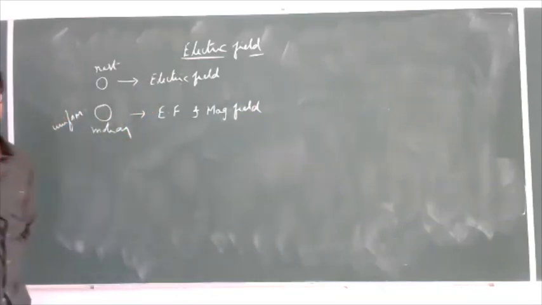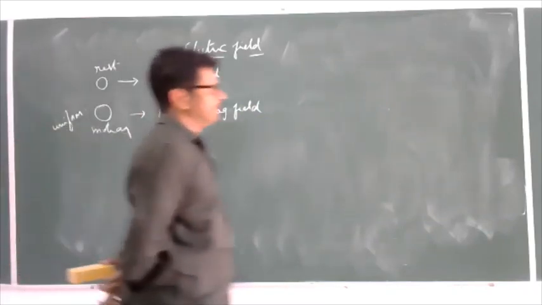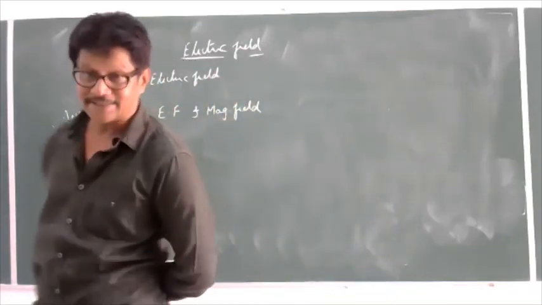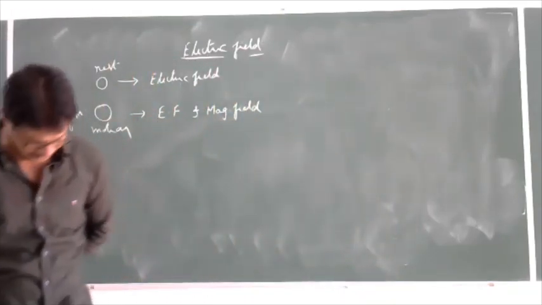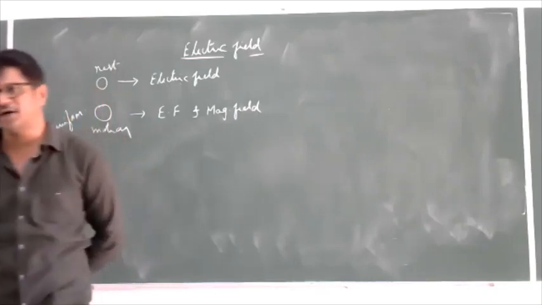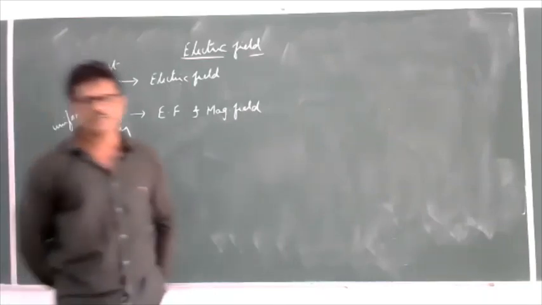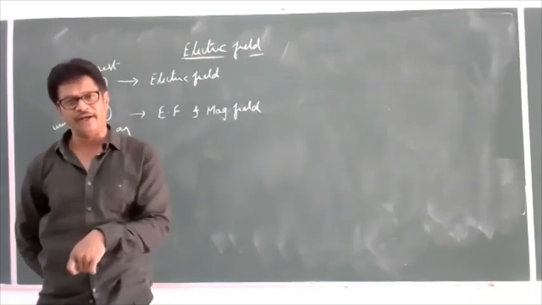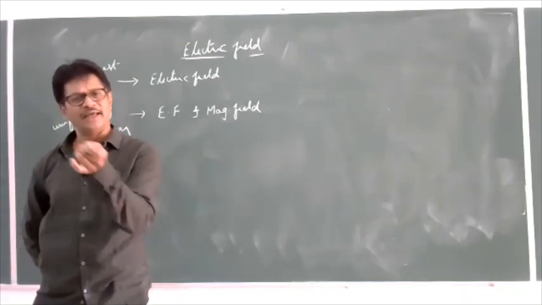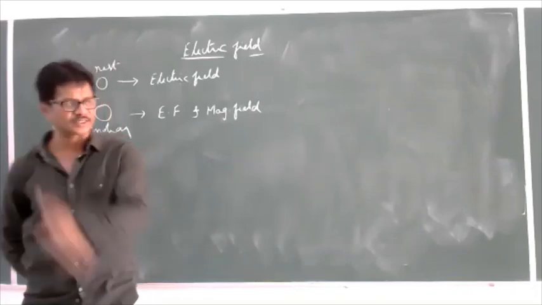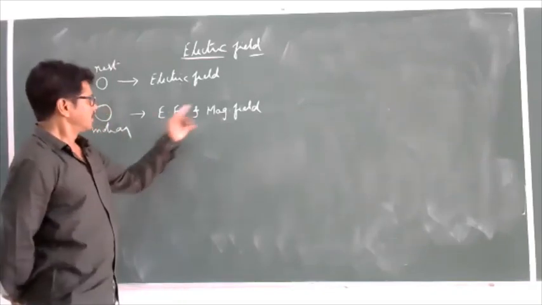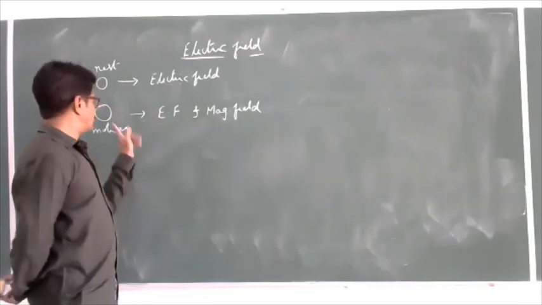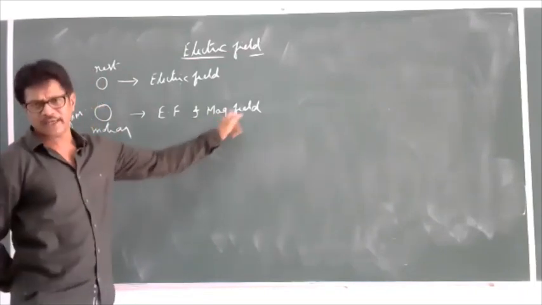Whenever the charge is in motion, it will produce an electric field as well as magnetic field. The electric field produced by the charge when it is in motion is called a dynamic electric field. That is nothing but electric current. We are going to discuss that in the coming chapters.